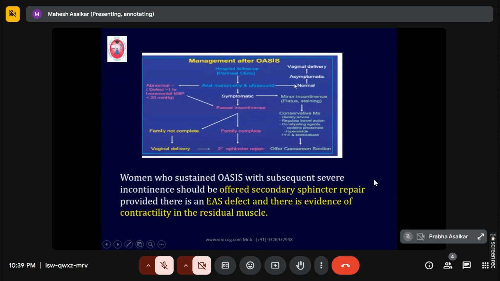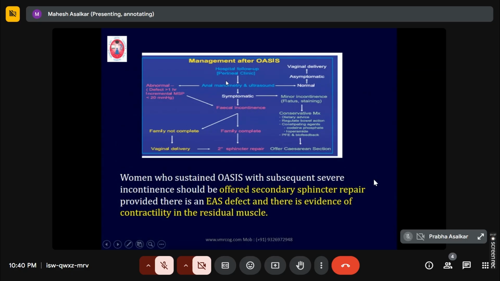If it is normal and the patient is asymptomatic, the patient can have further vaginal delivery in the next pregnancy. Okay, is it clear? You will ask these patients to have a follow-up at around 6 to 8 weeks after the delivery. You will do the anal manometry and ultrasound. If it is normal, patient is asymptomatic, they can have vaginal delivery.